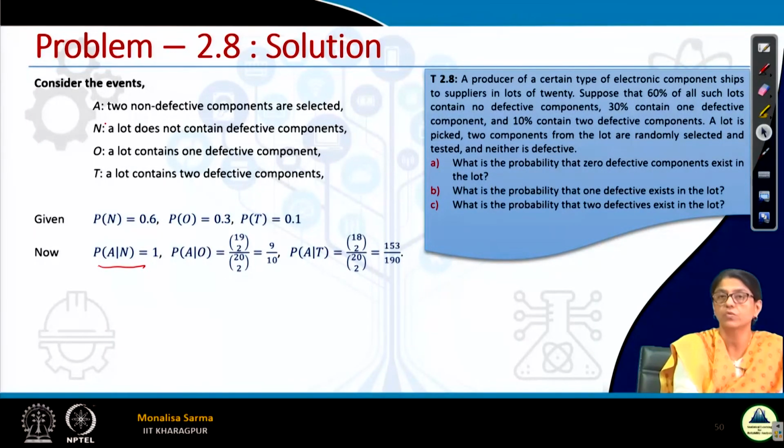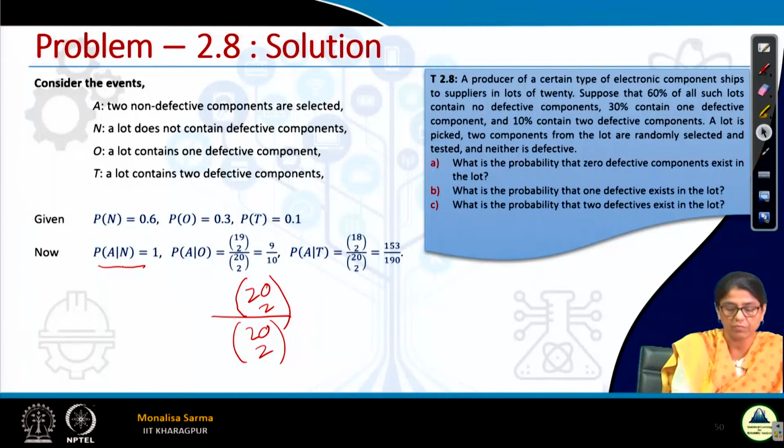What is my A? A is two non-defective components. How will I find out the total sample space? Total sample space is 20 C2, since I am picking from 20. When there is no defective component, all are non-defective components, so from 20 again I am picking 2. So, my probability of A given n is 1.